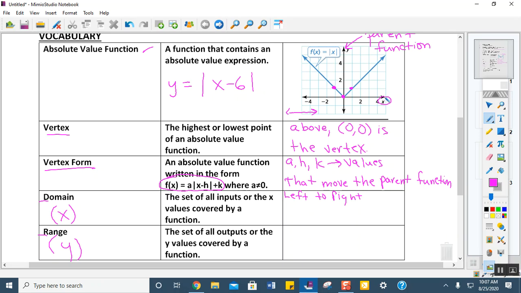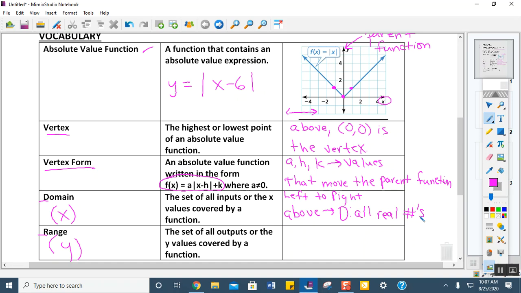Okay? It goes infinitely to the right and infinitely to the left. So above, I say the domain, which I use a capital D for, is all real numbers. It includes every single value of x because that graph goes on forever. It continuously goes to the right, continuously goes to the left.